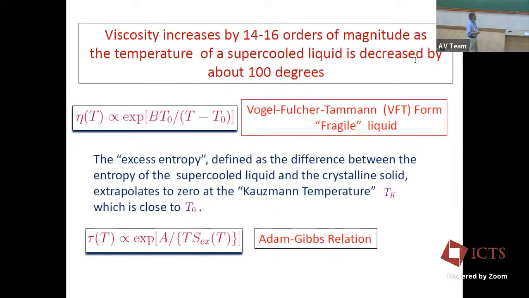So there is some connection between the dynamics and the equilibrium behavior that one found. I mean, there is, again, controversy about whether Adam-Gibbs is always satisfied or not, whether VFT actually works or not. So these are issues that are still there. But for a large class of systems, one has this behavior.